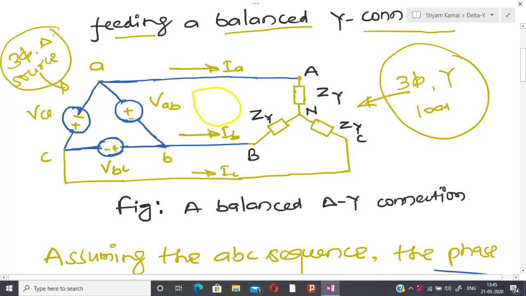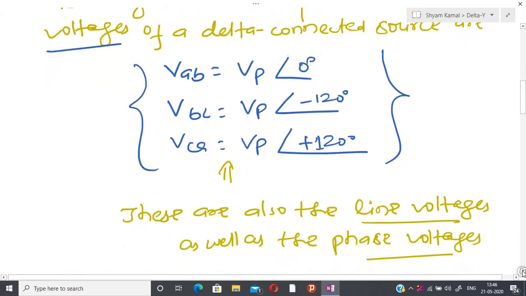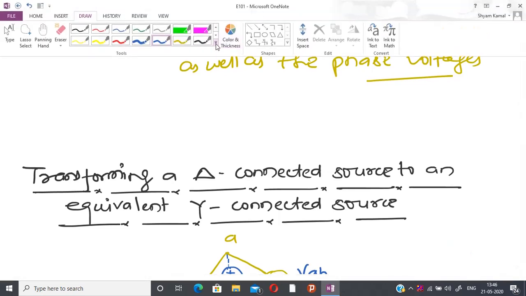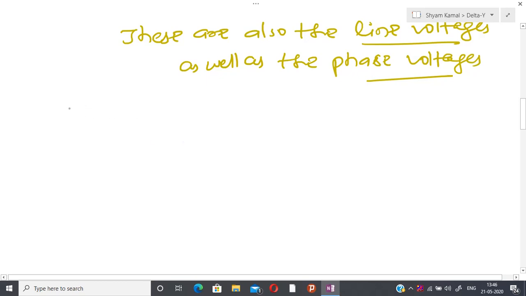The loop is A, a, b, B, and after that, if I write KVL in this loop, I am going to find the expression for the line current. So let us come to the expression for the line current.